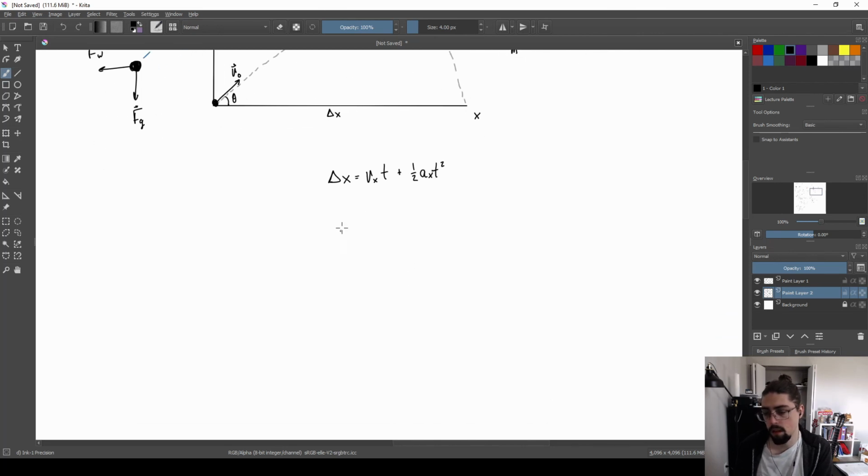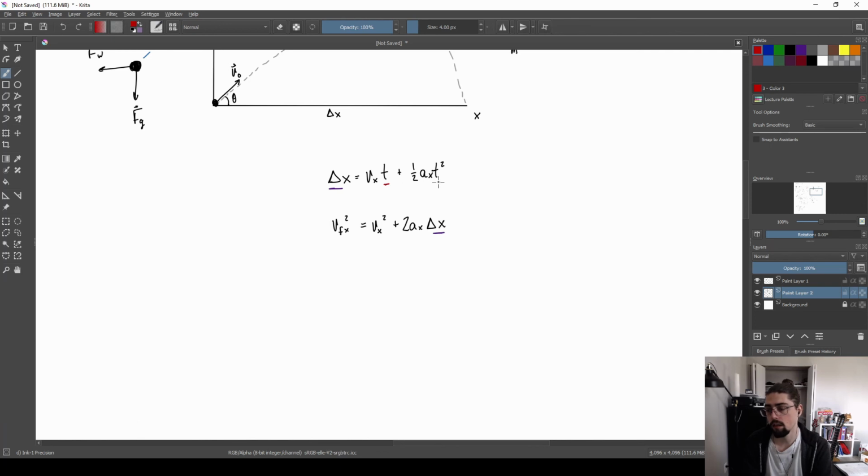The other option is v final x squared equals v of x squared plus 2 a of x delta x. So maybe we can leave both of these in place for now, but in either case, we are after delta x.